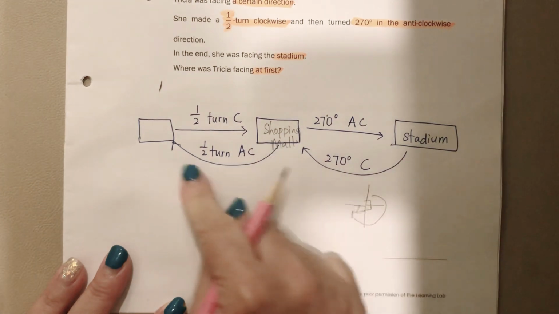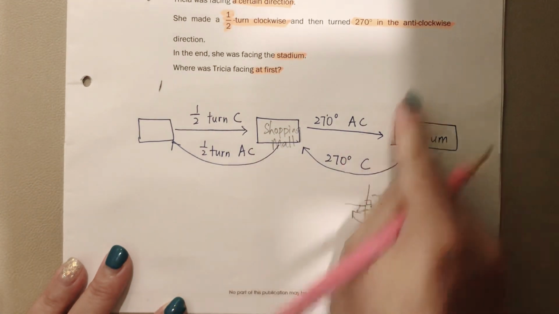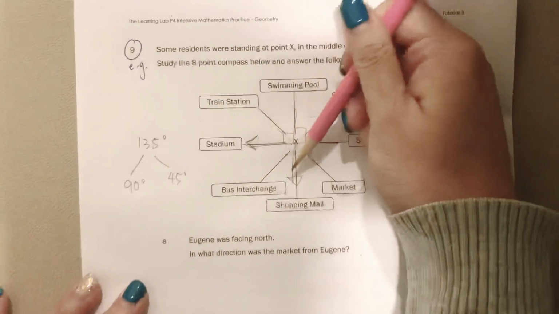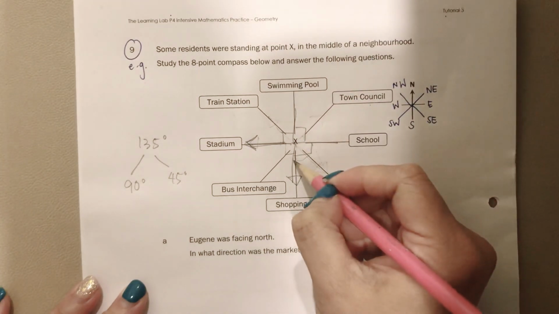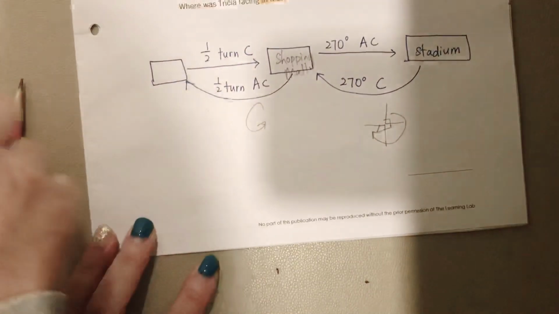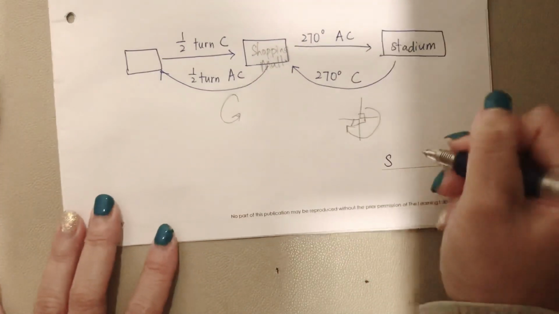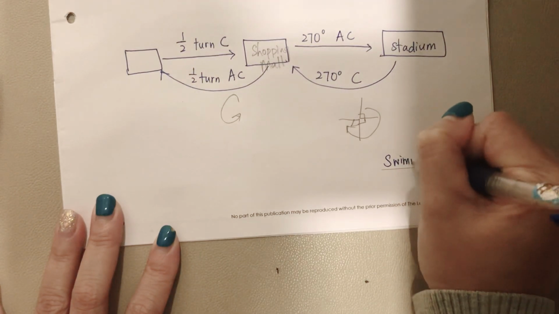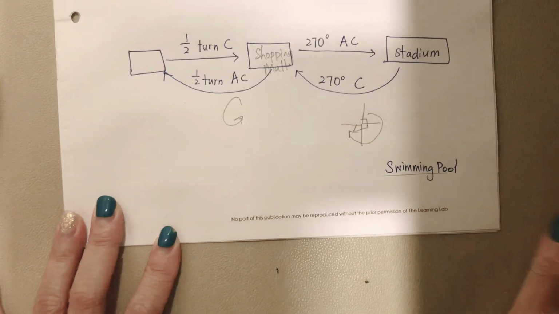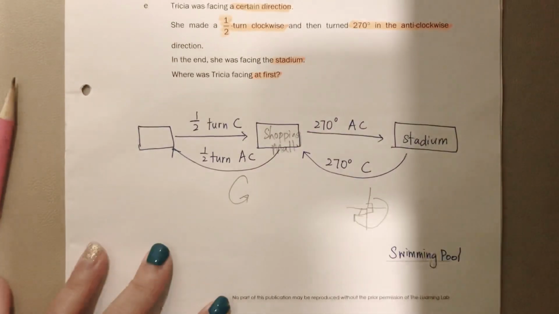Now a half turn anti-clockwise. Anti-clockwise is this direction. Yeah. So let's go back. So he's facing the shopping mall. So a half turn anti-clockwise. He will reach the swimming pool. So we can fill that in. And great job. That's the toughest one of this worksheet, so you all did great.